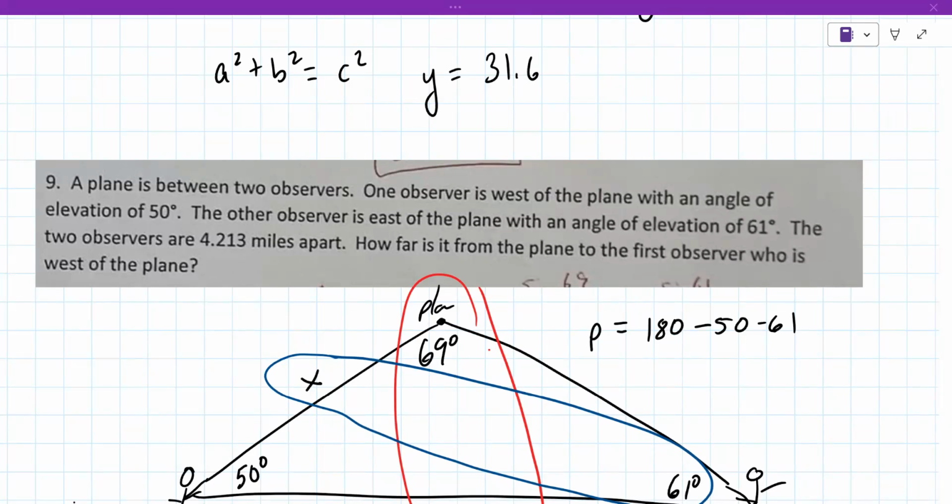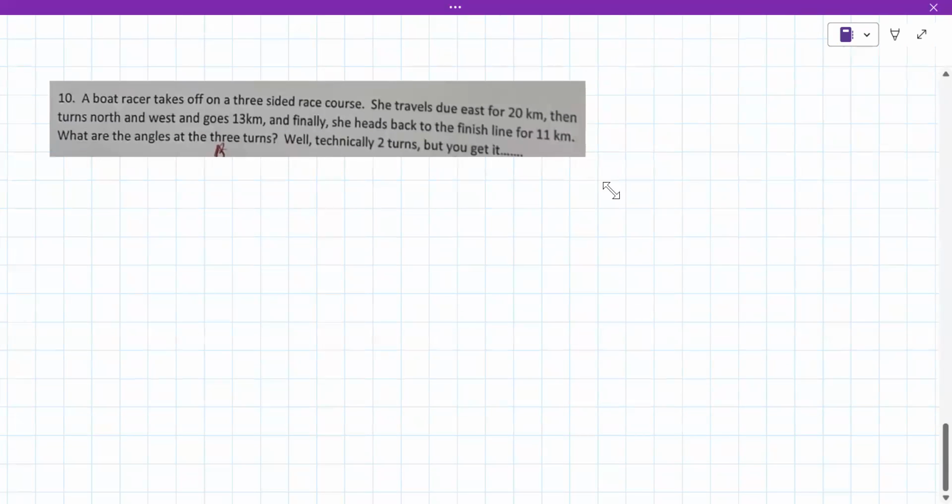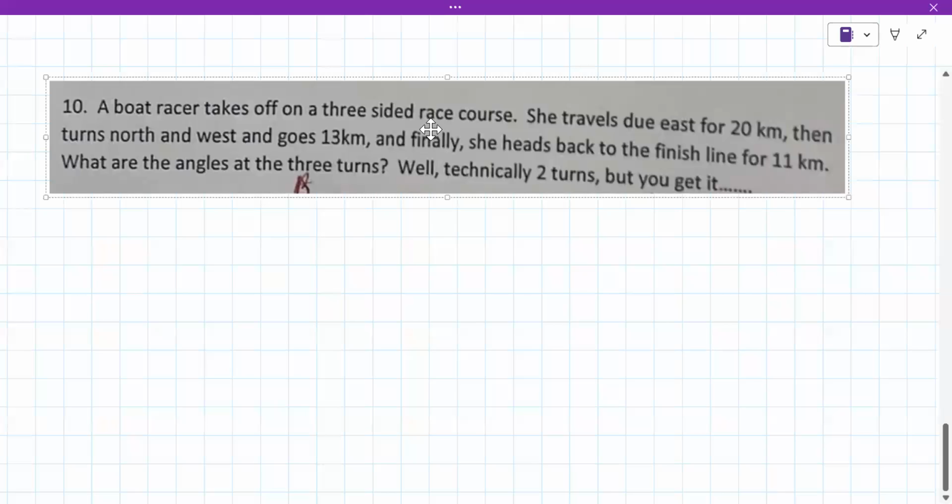And it's reasonable to assume that, unless you know that the instructor's a really difficult person. Because I would just tell you, hey, you're going to have one law of sines and one law of cosines.